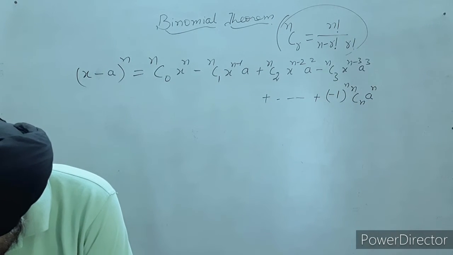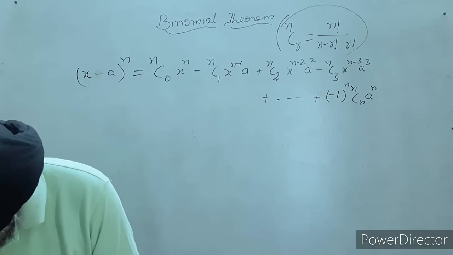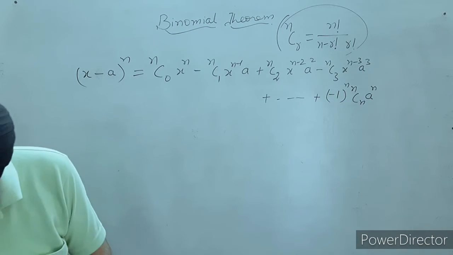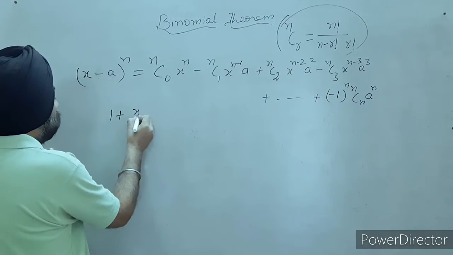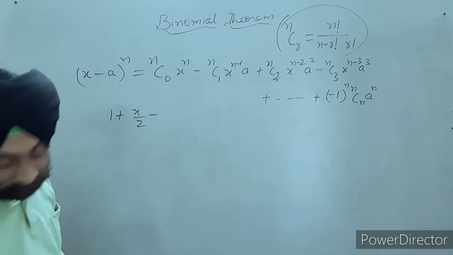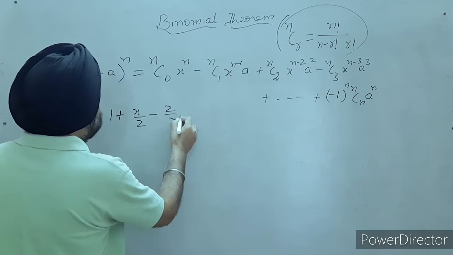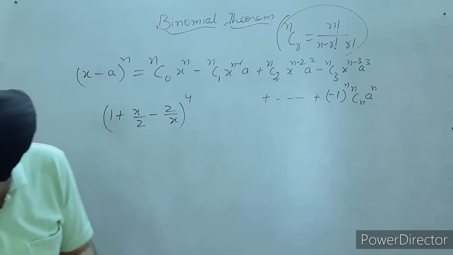Now we can also calculate this like this. Say if there are more than two terms, like 1 plus x by 2 minus 2 upon x, raised to power 4. Now how can we calculate this?